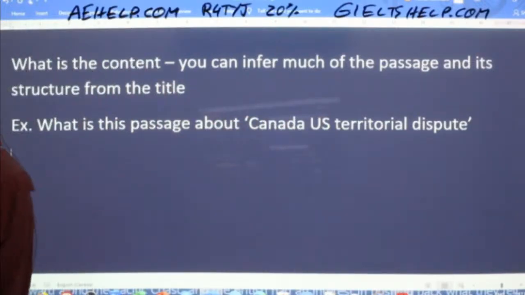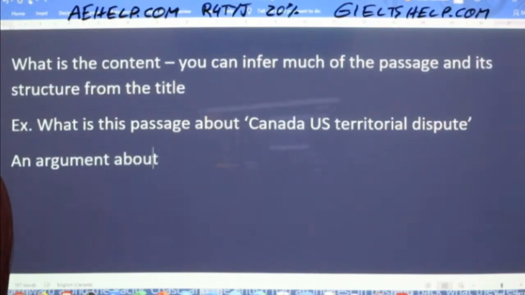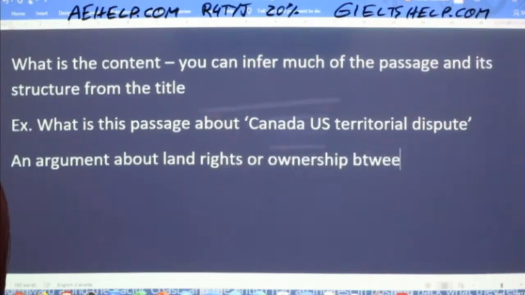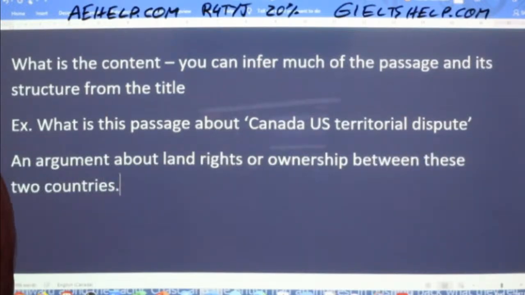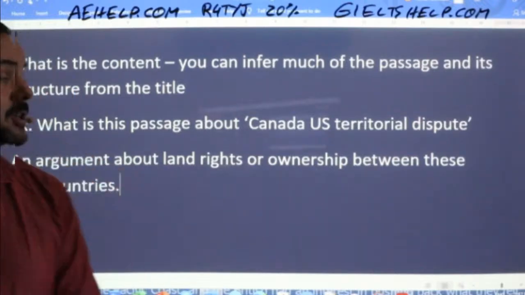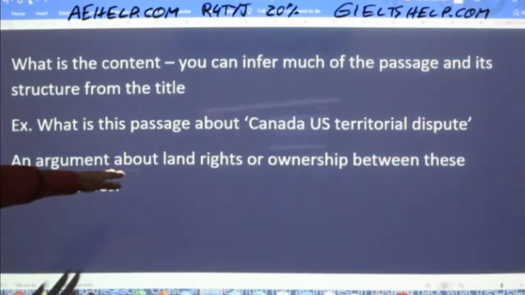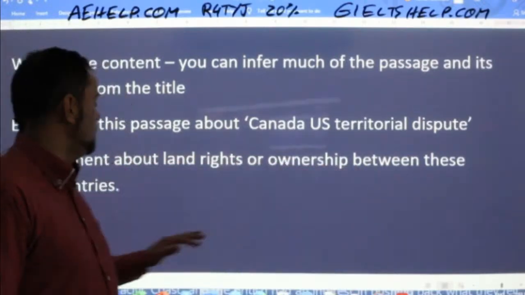So, an argument about land rights or ownership between these two countries. Okay, so an argument about land rights or ownership between these two countries.